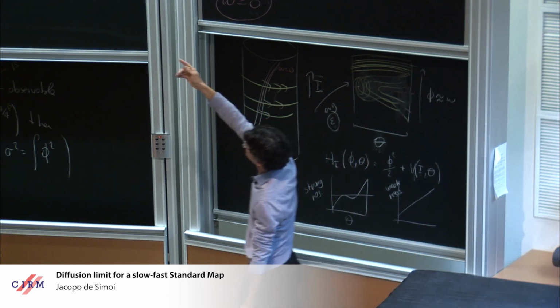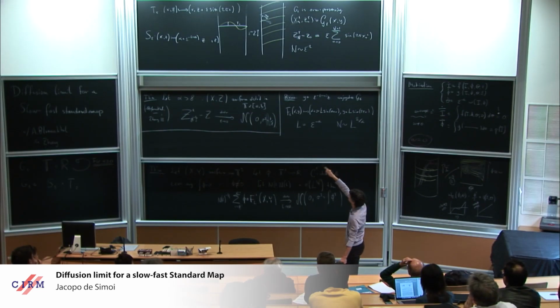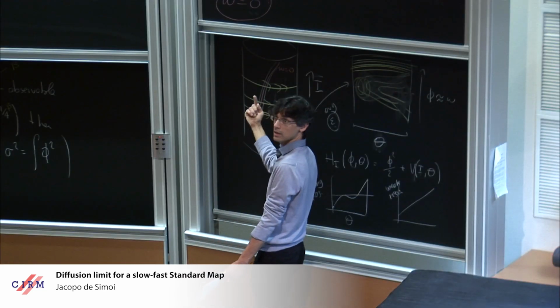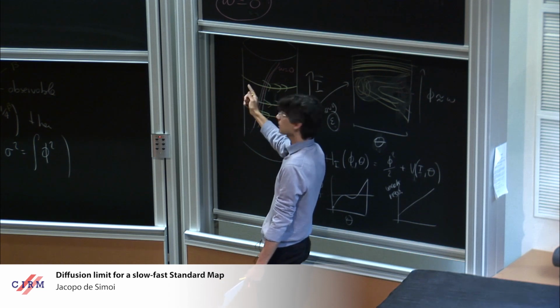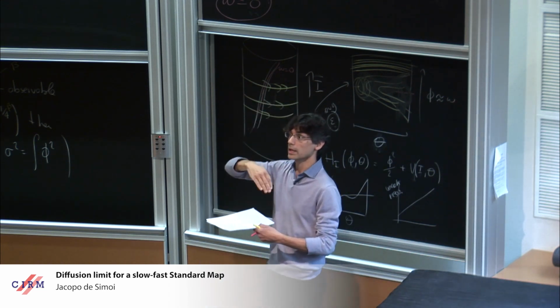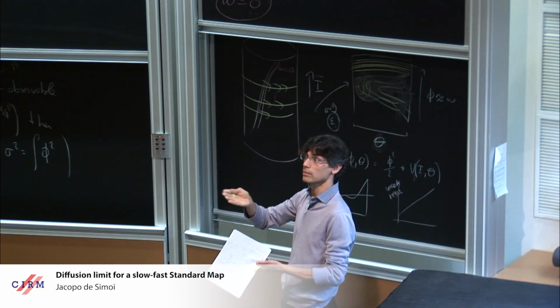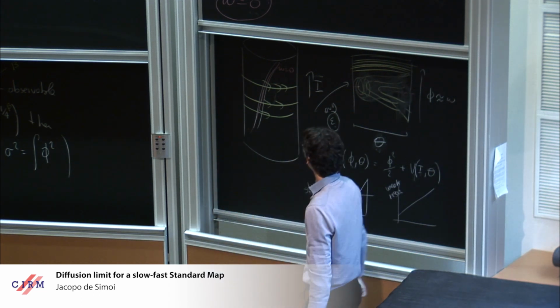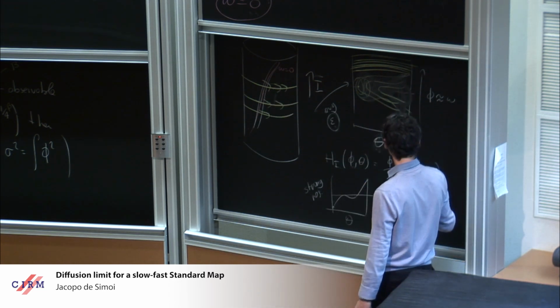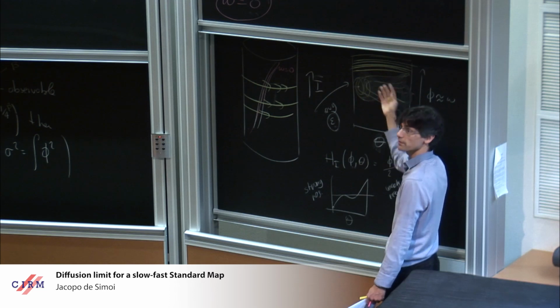So what this says is that there is a tilt in I, which has zero average and is of size epsilon. So that's exactly what that map is trying to capture. So you have a shear, which is what happens when you go around the cylinder, and each time you cross the resonance line, you will get kicked up or down by an amount of order epsilon, and this amount will average to zero, because in the case of weak resonances, there is no preferred direction.